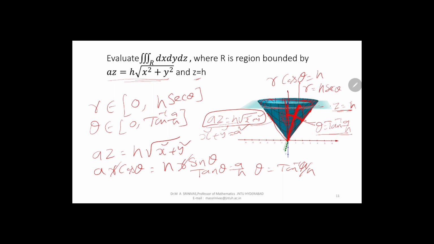Now, what is your phi? How to take the phi? Whatever point you take, you have to take the projection of them on the xy plane. So for that, I need to understand the projection of this entire region on the xy plane. Automatically, if I put a light above it, the projection, meaning the shadow, will be on the circular one here, because the same circle is the maximum portion that will come here.